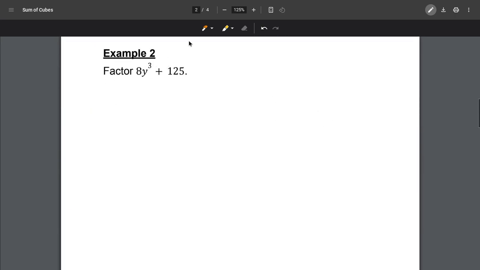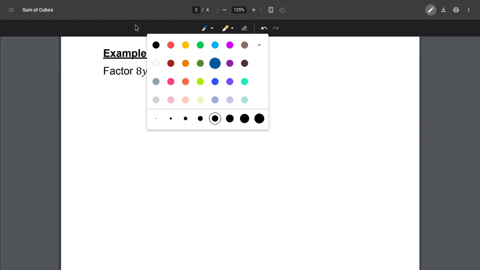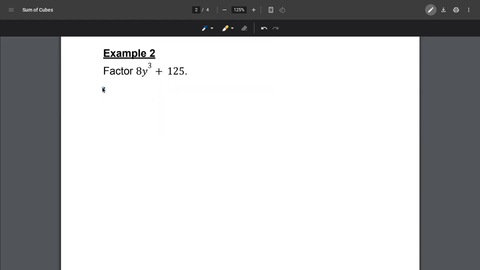Okay, so we've got example 2 here. Change back to the blue. So in this case, a cubed is 8y cubed. And the cube root of that, so what our a would be, is 2y.